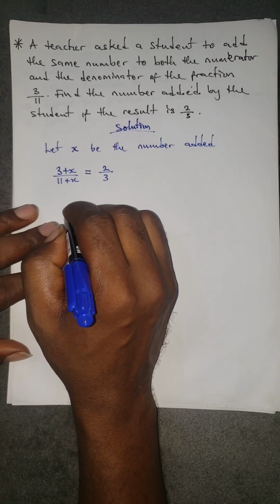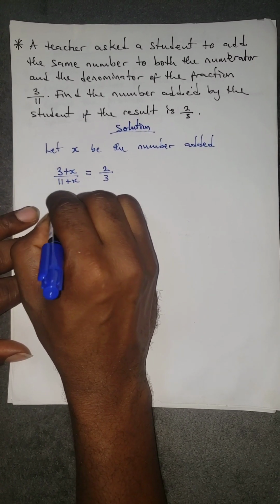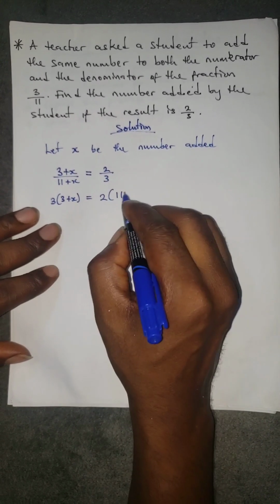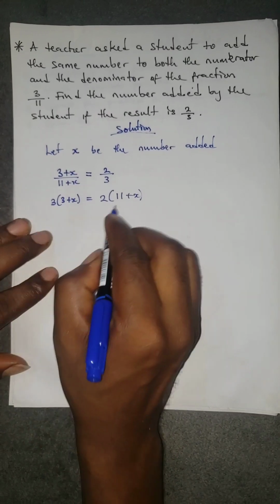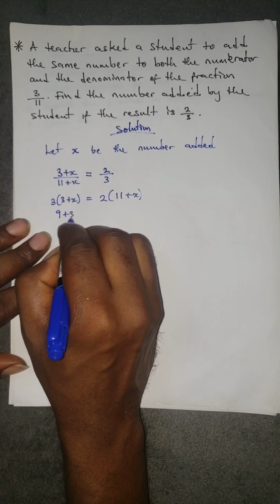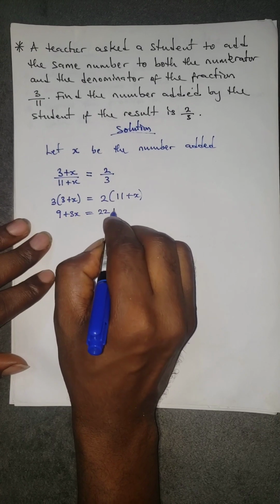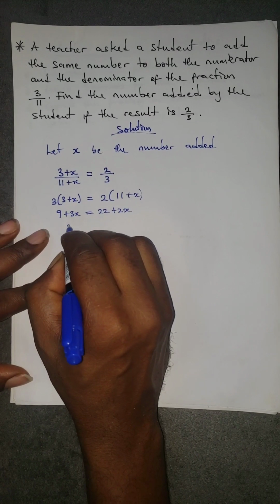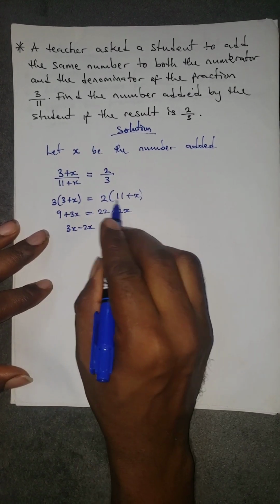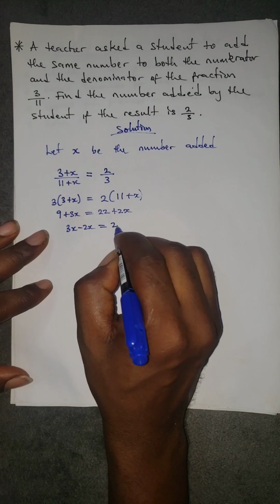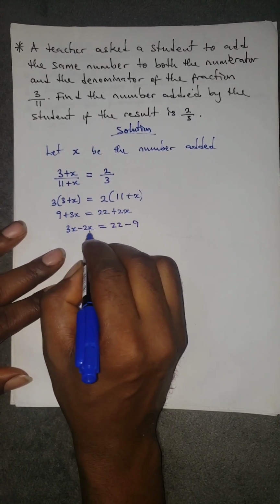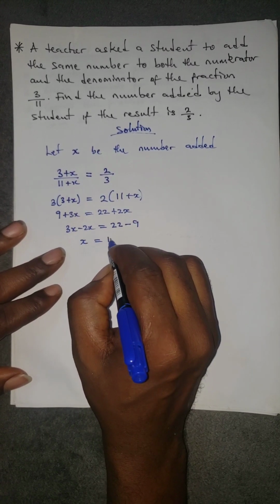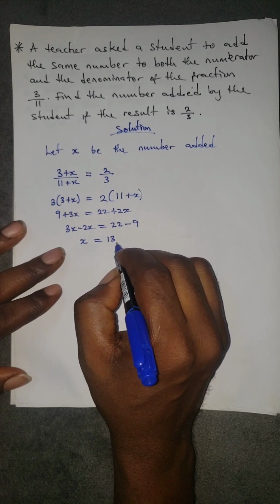So when you work this out by crossing and multiplying, you have 3 into 3 plus x equal to 2 into 11 plus x. When you open this bracket, you have 9 plus 3x equal to 22 plus 2x. When you bring this one over here, you have 3x minus 2x equal to 22 minus 9. So these two will give you x equals 22 minus 9, that will give you 13.